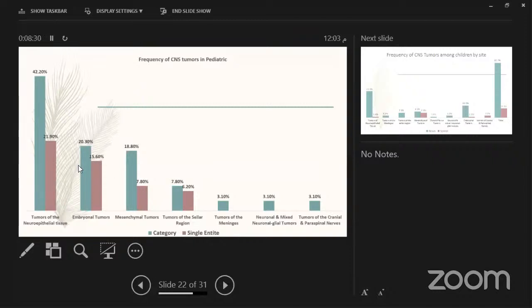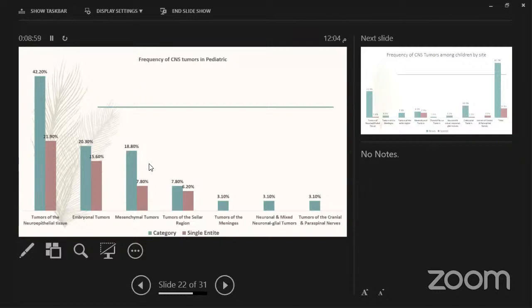Here we compare with other studies of CNS tumor frequency in the pediatric group. They mentioned the most common is pilocytic astrocytoma followed by medulloblastoma, but some studies in the region, like in Saudi Arabia, or even in the south of Yemen, in Aden, the Aden Oncology Center, mentioned the first pediatric tumor was medulloblastoma followed by pilocytic astrocytoma.